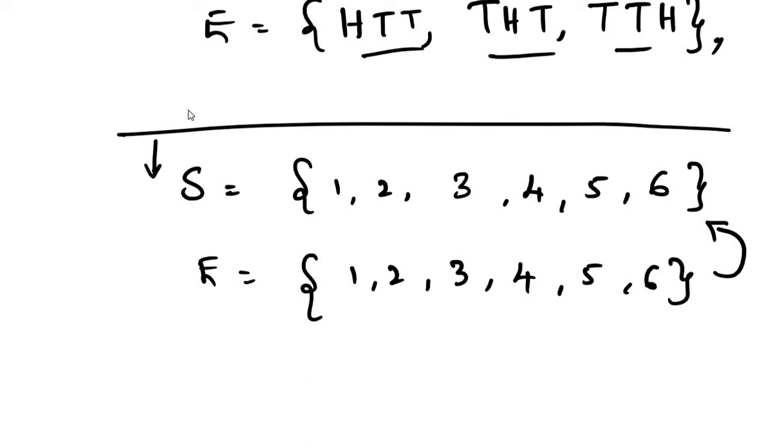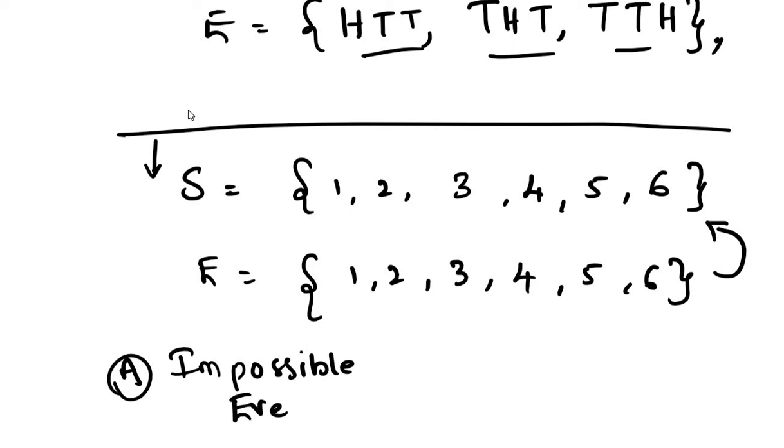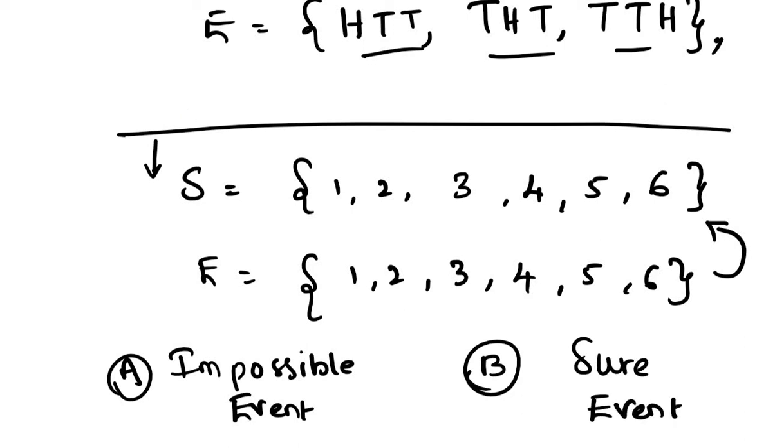I am giving options: impossible event or sure event. Here the case is S equals E. The sample space is entirely matched with the event.